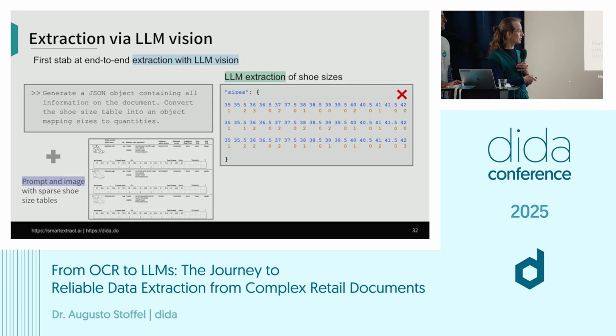But now when we start looking again at those complicated edge cases, this is the bad document I showed you just now. If you have a prompt saying, convert this to JSON structured information, and send the image, then you get an output that is really bad.